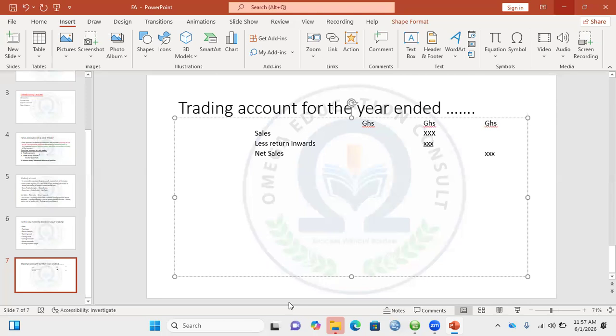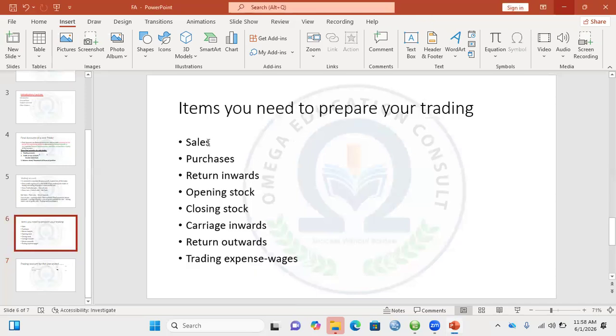Okay. So after getting your net sales, now the next thing is the cost of sales, right? So let me go back to the items we needed to prepare the trading account. If you look at it, we have used the sales, and we have also used the return inwards.